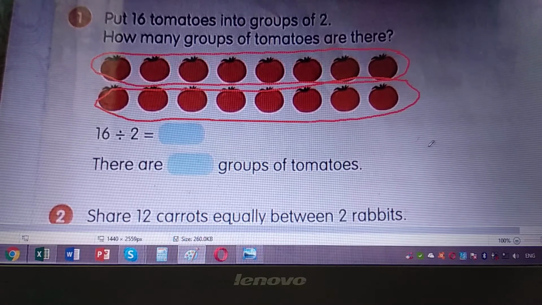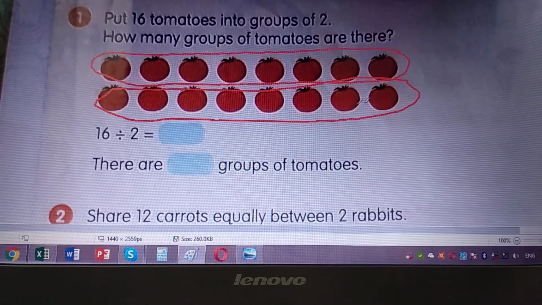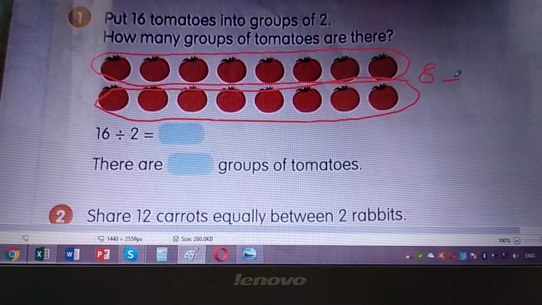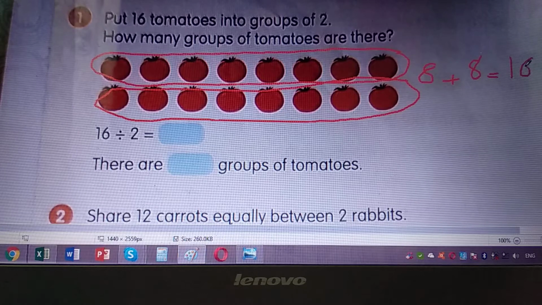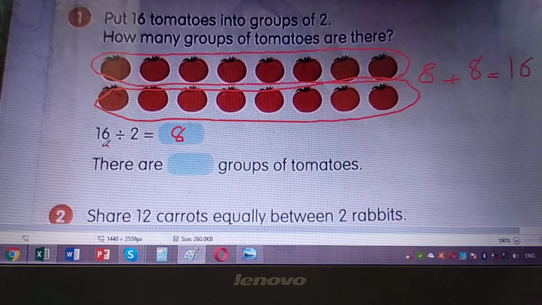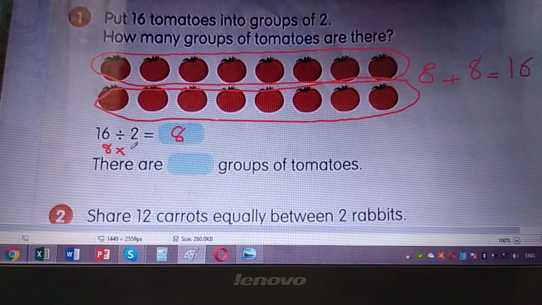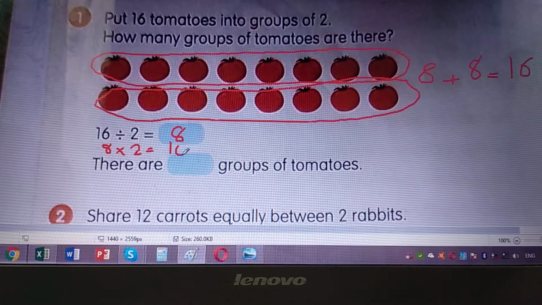See, 2 groups. So 1, 2, 3, 4, 5, 6, 7, 8. 1, 2, 3, 4, 5, 6, 7, 8. So 8 plus 8 equals 16. So 16 divided by 2 is 8, or 8 times 2 equals 16. Same thing.